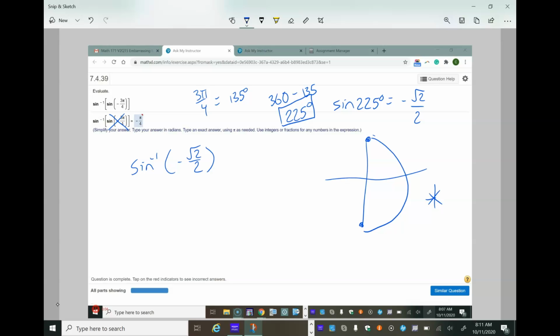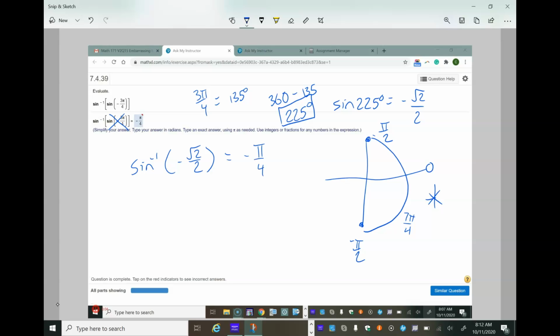And that's at 7 pi over 4. But remember, this is from 0 to pi over 2 and 0 to negative pi over 2. So I know technically it's 7 pi over 4, so it's a pi over 4. But I'm going in the negative direction, so this answer actually equals negative pi over 4.